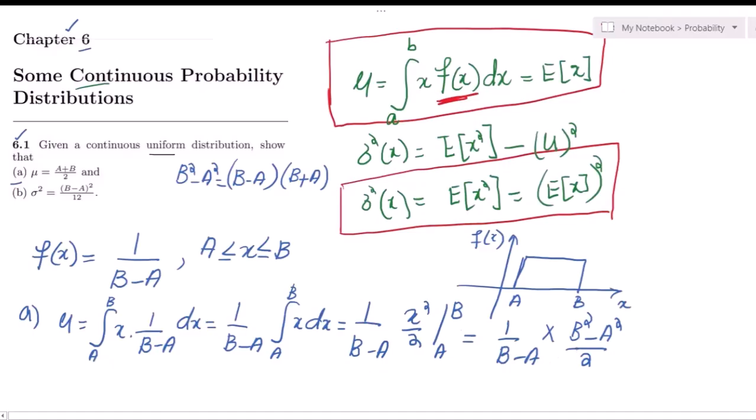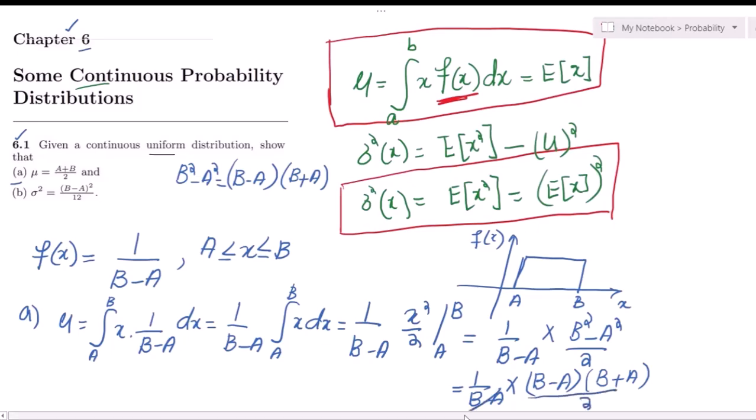it will be 1 over b minus a multiplied by (b minus a)(b plus a) whole divided by 2.